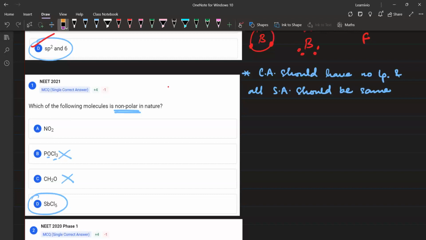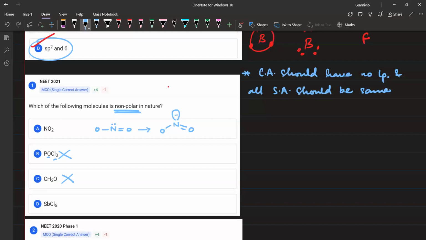And that's why the structure will be slightly bent: nitrogen, oxygen, oxygen, and there will be a lone pair. Because of this lone pair, the net dipole moment will not be zero. You will have some net dipole moment. So mu will not be equal to zero.